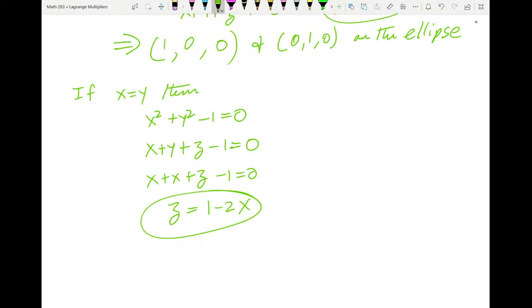So that's what I have. And then x squared plus y squared minus 1 equals 0. I get 2x squared equals 1, so x equals plus or minus root 2 over 2.